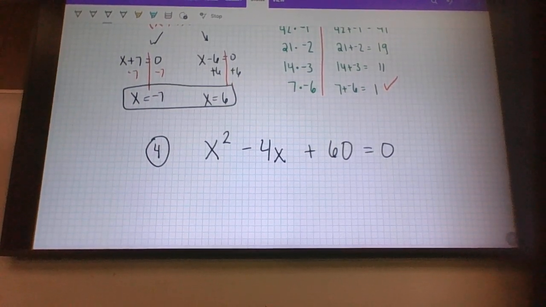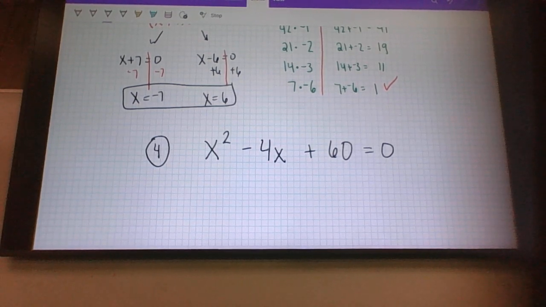Try this one. Try it, Gavin. Or just look at it.